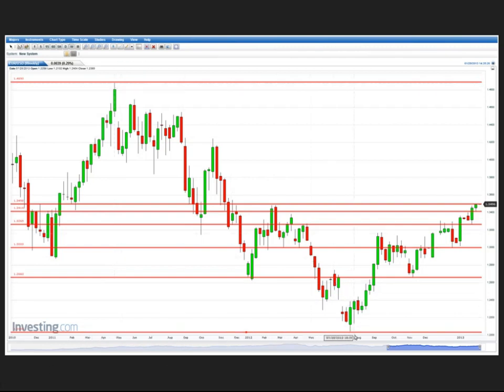This is August of 2012. That's only, what, 14 or 15 months. So in 14 or 15 months, we moved 2,750 pips. But for the entire 2012, we didn't move but about 1,700 or 1,800 pips.